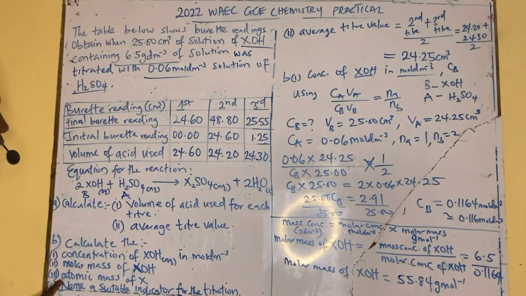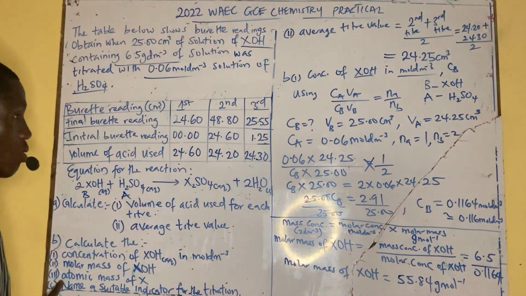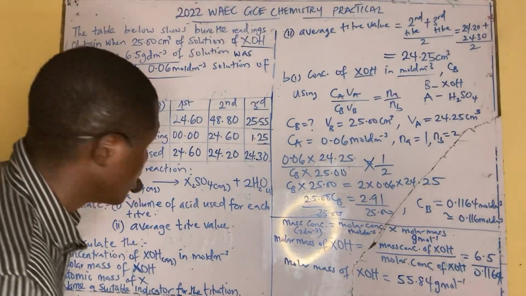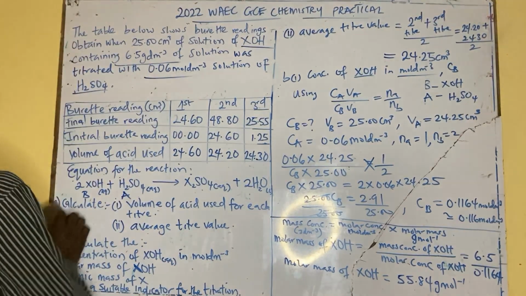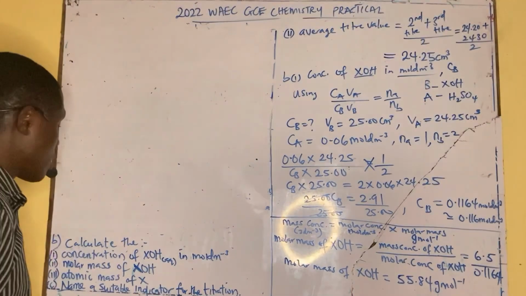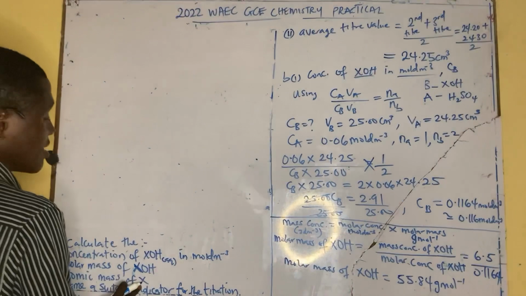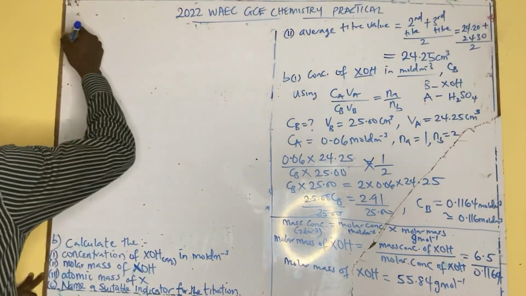The next thing is to calculate the atomic mass. Now I would like to claim this area to calculate the rest of the question. We have to calculate the atomic mass of X, which is the Roman figure 3.